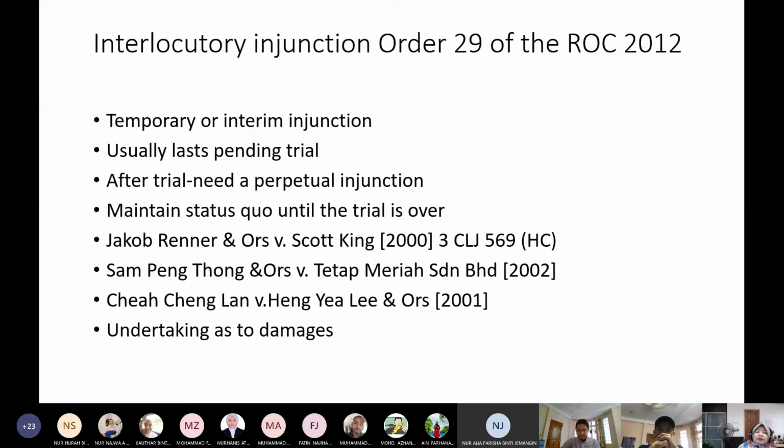So this is not an application per se, but we are looking at it from the bigger picture. You have served your writ of summons first, or whatever OS that you have against the defendant. That thing is still going on. They have a different date, but you have a different application for interlocutory injunction.